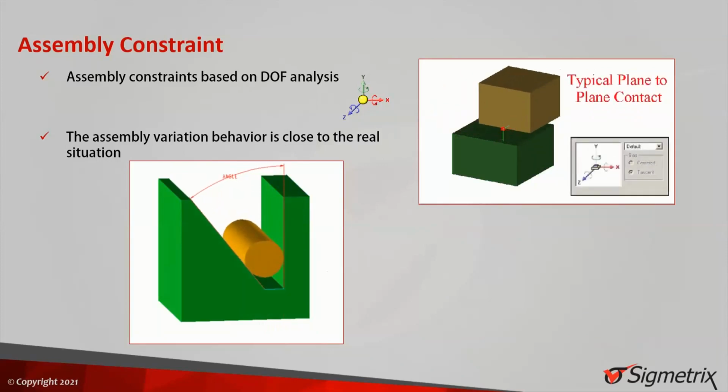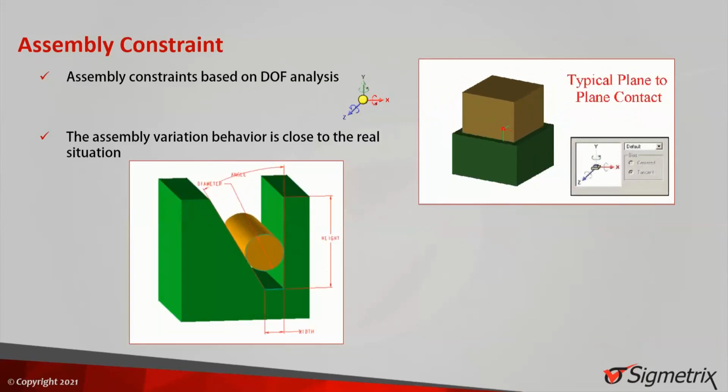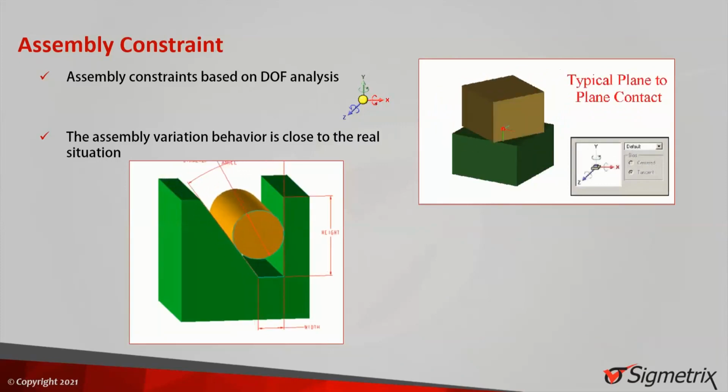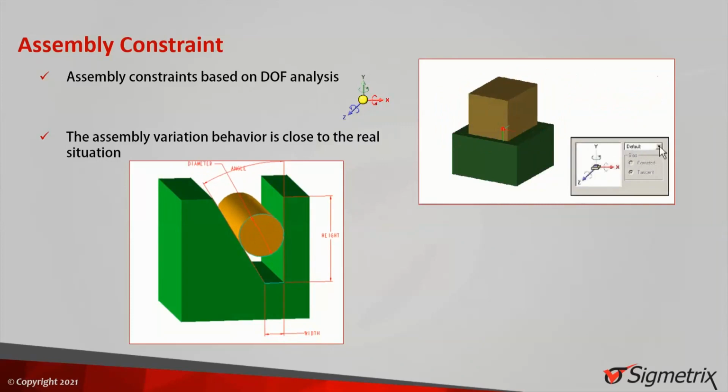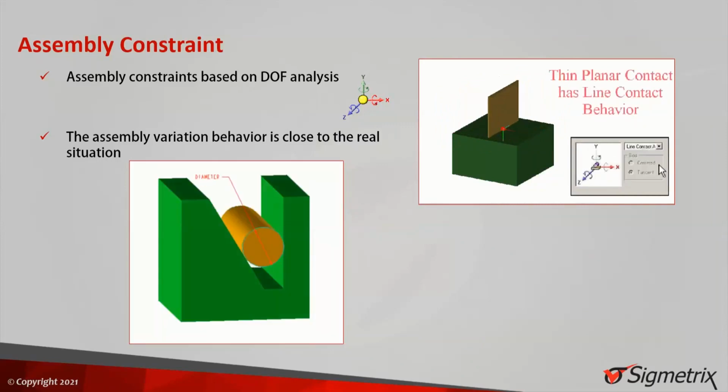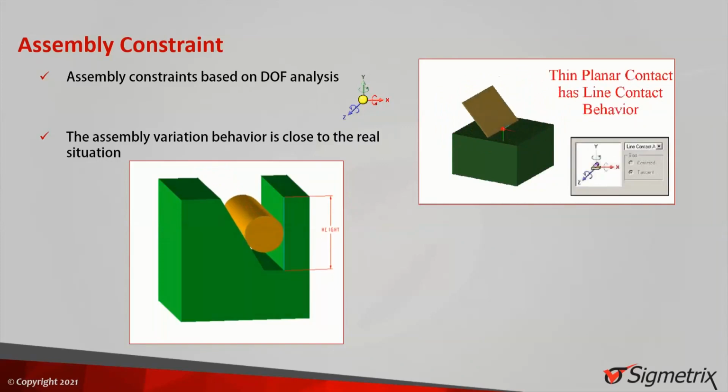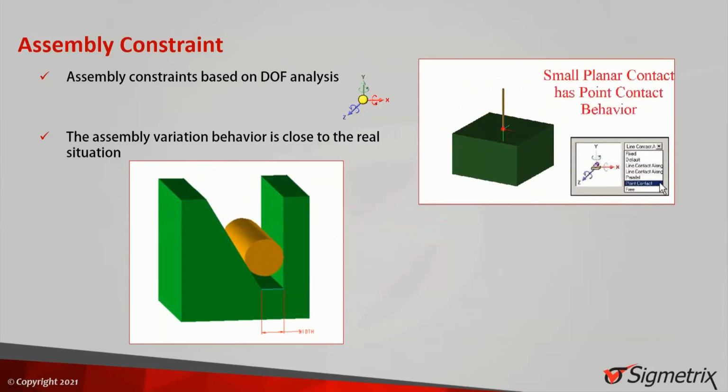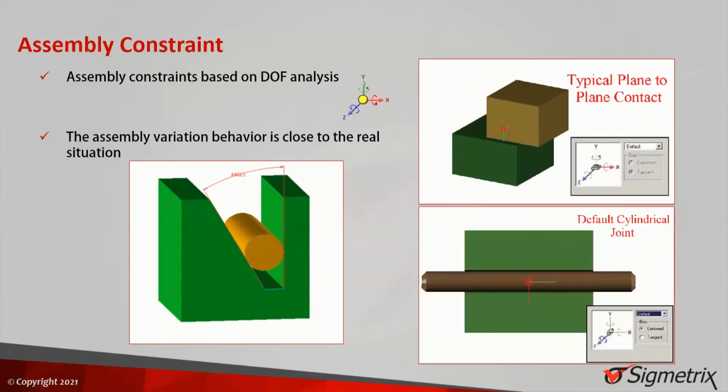So for a planar contact, you may need to care about the flatness, right? But for the line contact, you may just care about the straightness. But for point contact, you might just care about the position of this point. So this is very important for the assembly constraints.